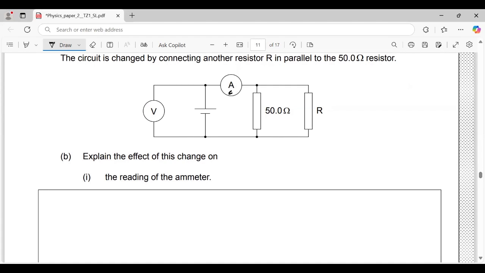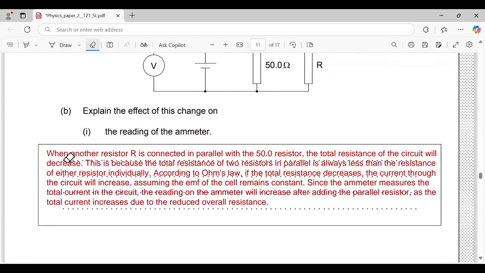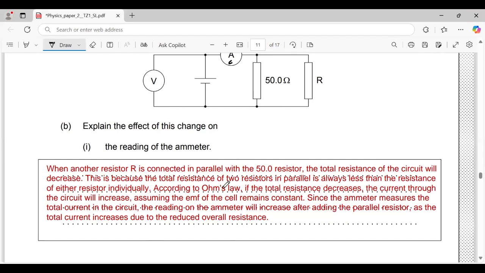I have provided my explanation, my opinion. When another resistor is connected in parallel with the 50 ohm resistor, the total resistance of the circuit will decrease.